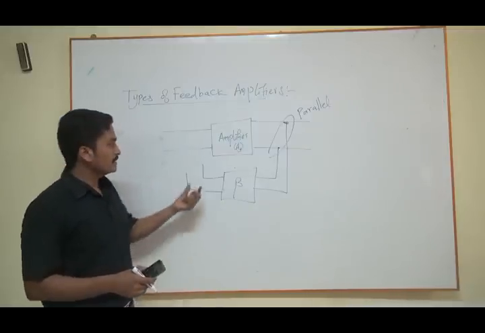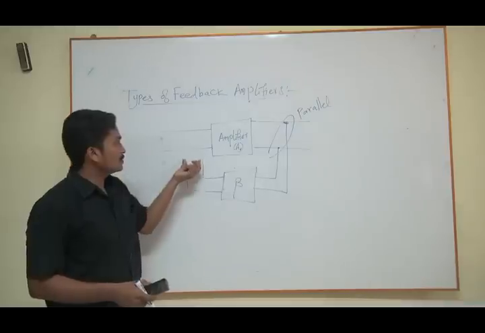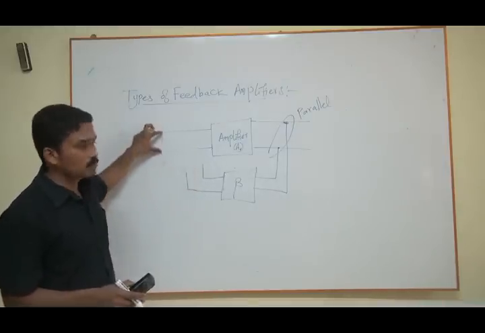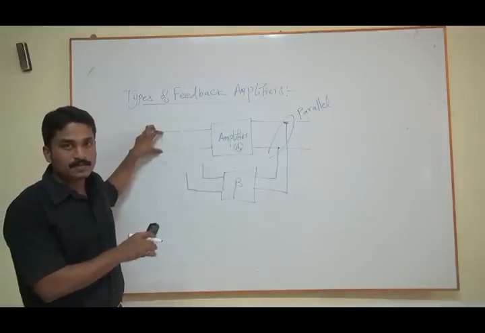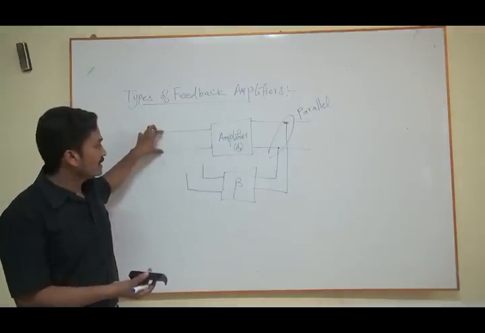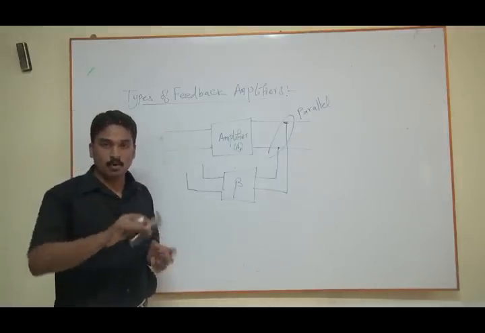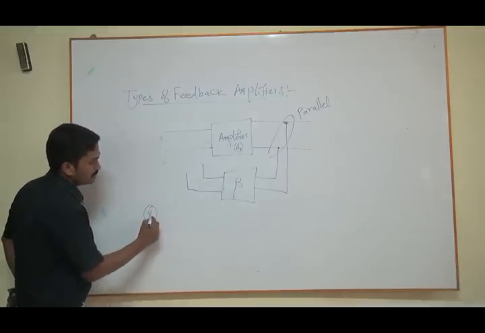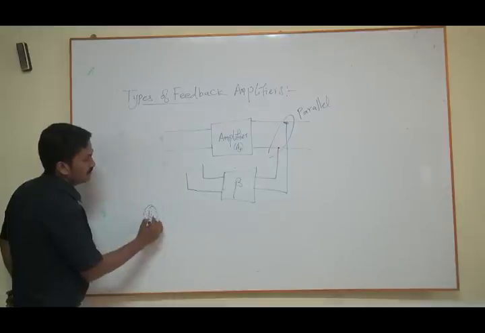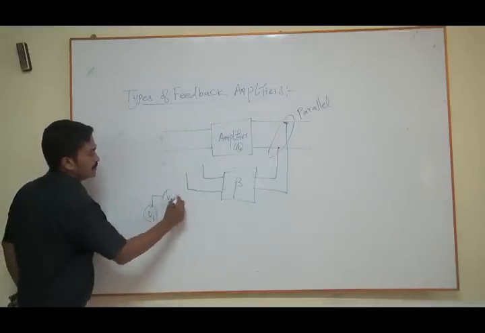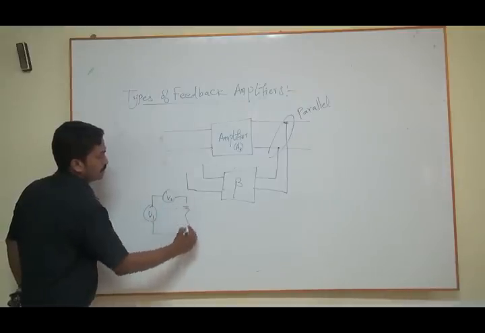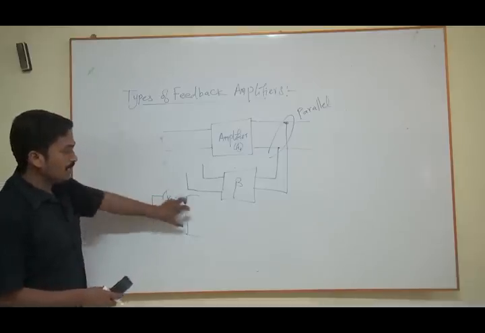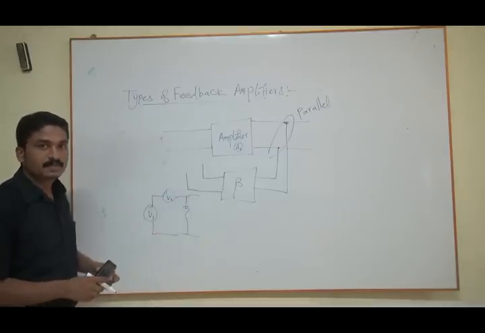If I connect the drop at the input side in series with the source voltage, then what will happen? It makes some effect on the voltage, because if I have two voltages, for example V1 and V2, then only the net voltage will be coming over here, isn't it?